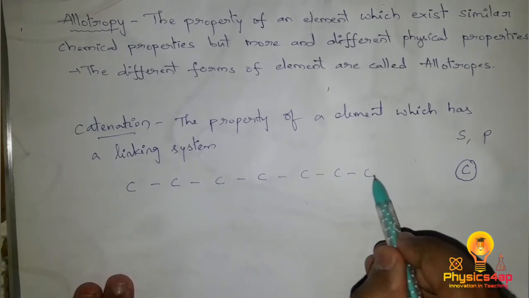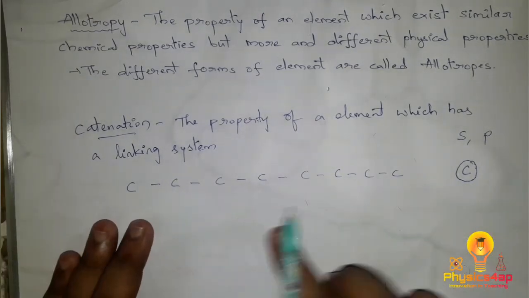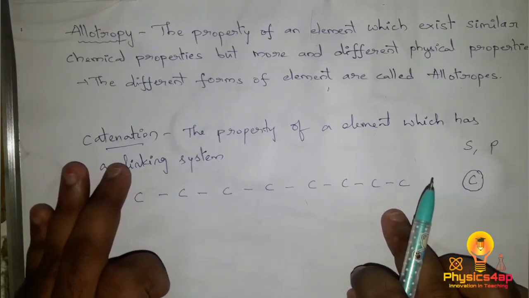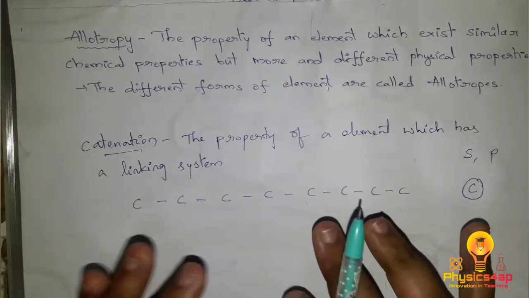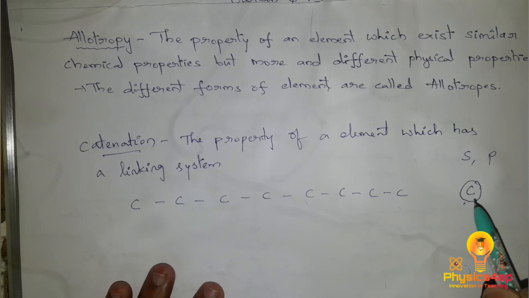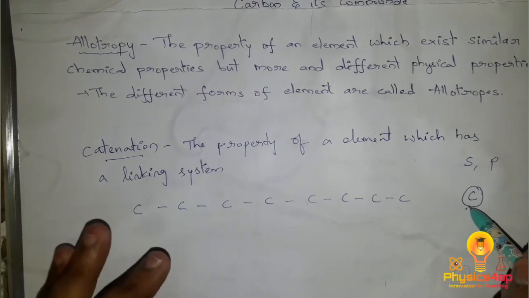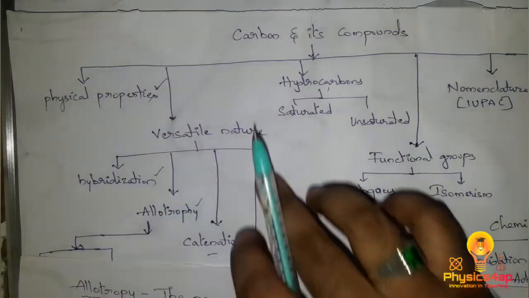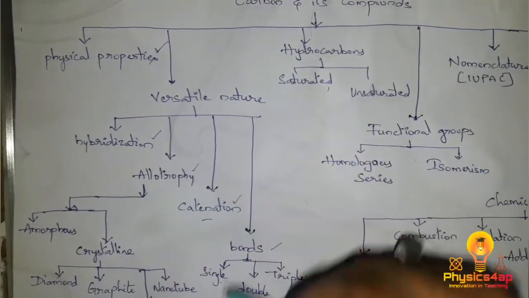That is what we call catenation. Among all the elements, carbon performs the longest chain system, which is why it comes under versatile nature, and why it is so important.